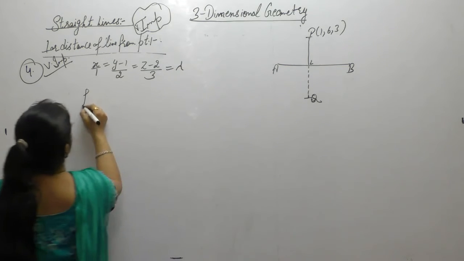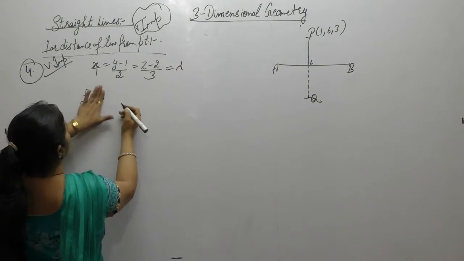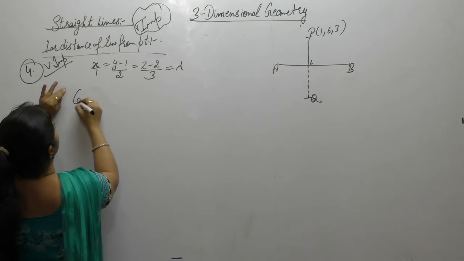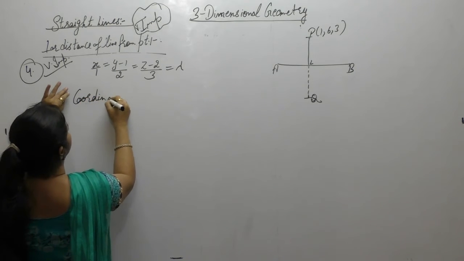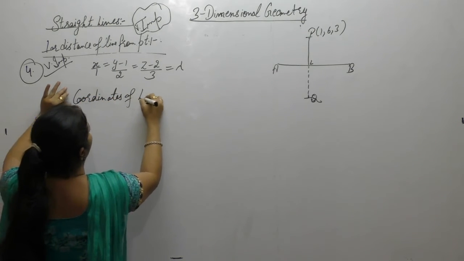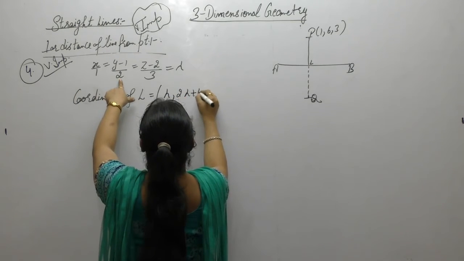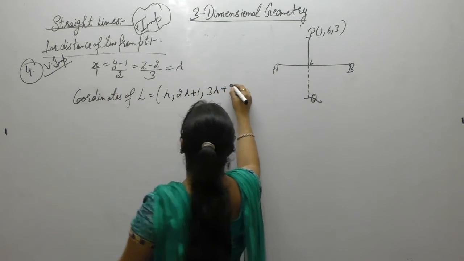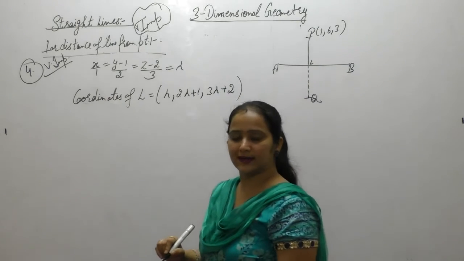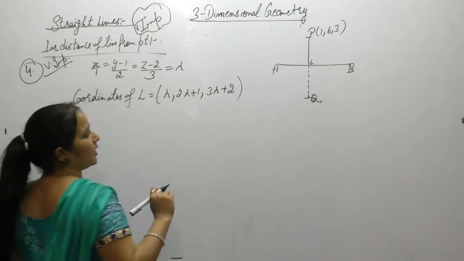Now the coordinates of L will be: 1 into lambda, 2 lambda plus 1, 3 lambda plus 2. Clear? This is what we have as coordinates of L.